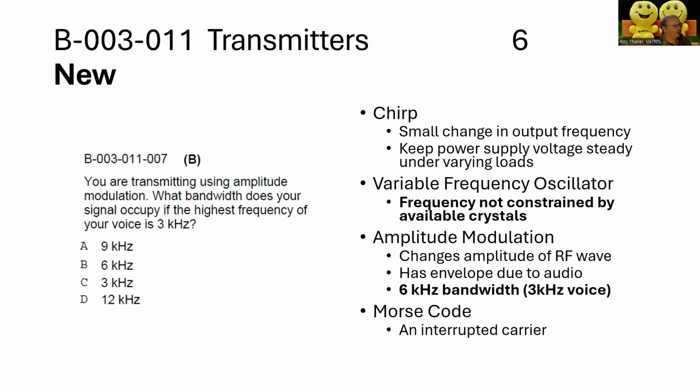A new question. You are transmitting using amplitude modulation, or AM. What bandwidth does your signal occupy if the highest frequency of your voice is 3 kilohertz? So because you're using AM modulation, you're transmitting both upper and lower sidebands, so it would be double that, so it would be 6 kilohertz.